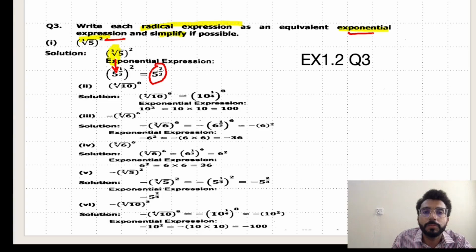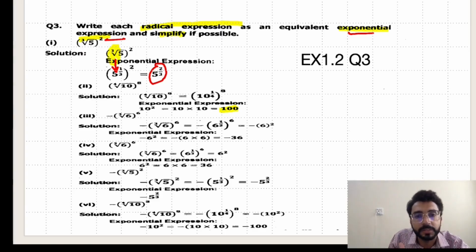Now the third part is simple, you can do it by yourself. The third part is very simple. The fourth part is also very simple. The fifth part is also very simple. And the sixth part, just look at the sixth part. In questions number 3, 4, 5, 6, a negative sign is given outside the radical form.